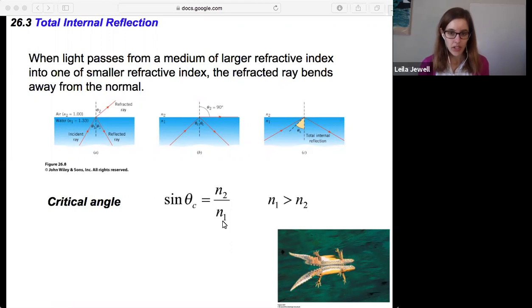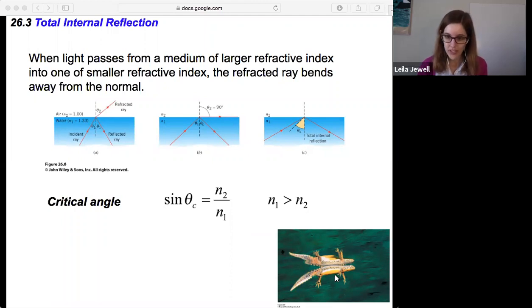If you divide the n1 over to the right, then you have that sine of the critical angle is equal just to this ratio of n2 over n1, where n2 is the secondary medium that the light's trying to get to and cannot, and n1 is the initial medium that has the higher refractive index. See, it even shows it over here on the right. This is part of the equation. n1 must be greater than n2 for this equation to work out.